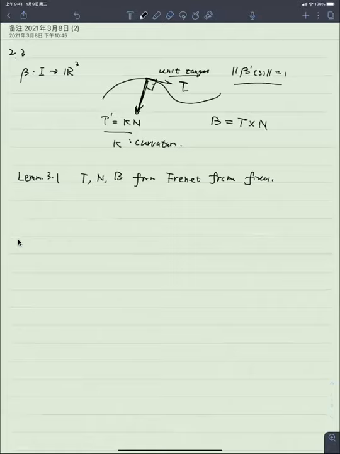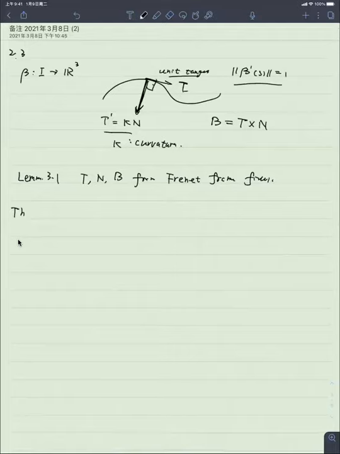Next is the most important theorem I want to give a brief proof and introduction of: the Frenet formula. The motivation behind this is that for an arbitrary unit speed curve, we want to know the relationship between T and T prime, N prime, and B prime.